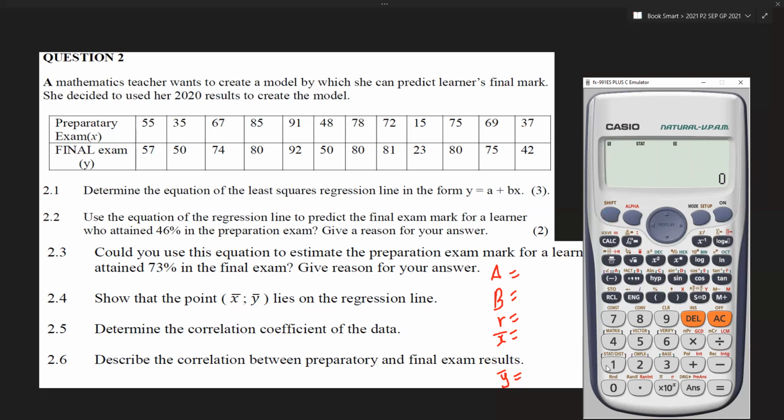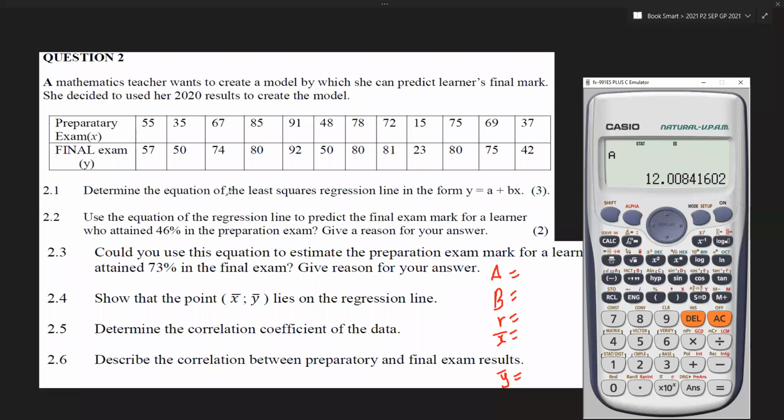So shift, stats, and remember we're working with regression. Because we'll need the means, this is the mean of X, this is the mean of Y, we're also going to need variance. But let's get the regression first. So regression is 5. My A is 1, so I'm going to press 1 equals 2.